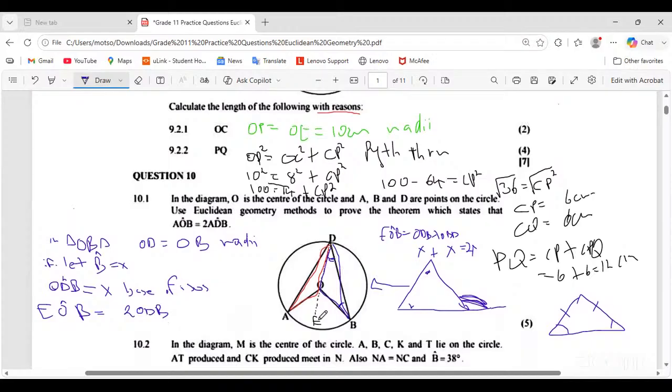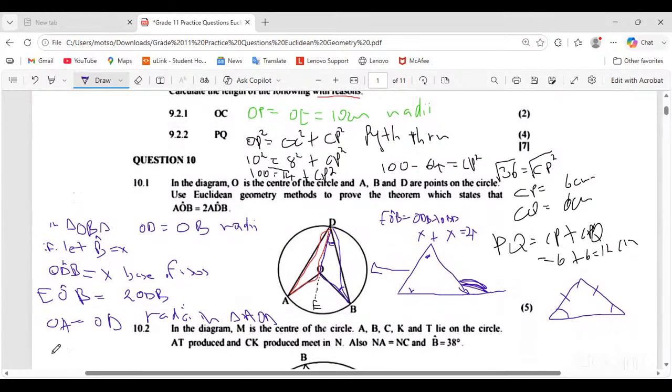Now, also on the left-hand side, on the red triangle, you're going to do the same thing. Now, you will say OA is equal to OD. Why? Because those are the radii in triangle AOD.